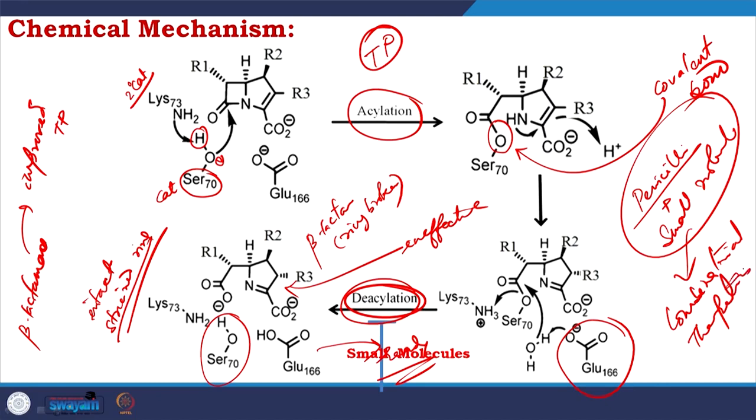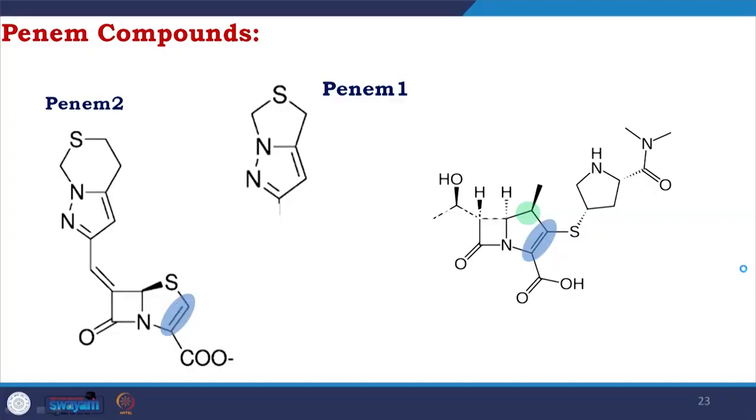So, as I told, in the next phase of my demonstration, you will not only learn how to use Coot, but you will also hear the story of drug designing, how we take help of high resolution structural data to go for drug designing. So, I am talking about some compounds.